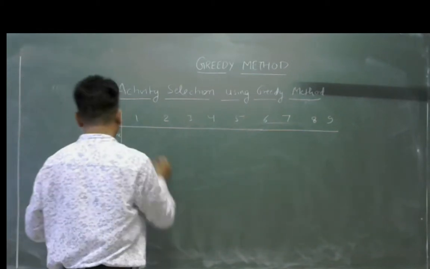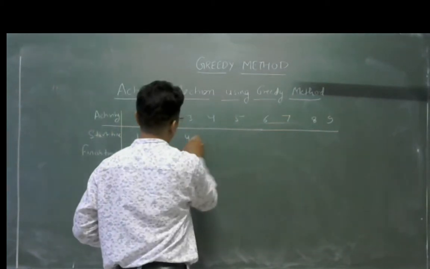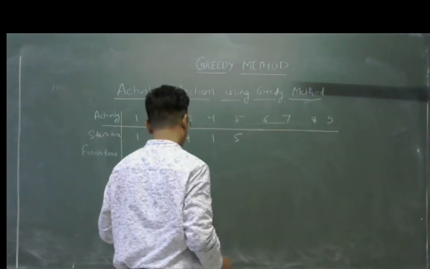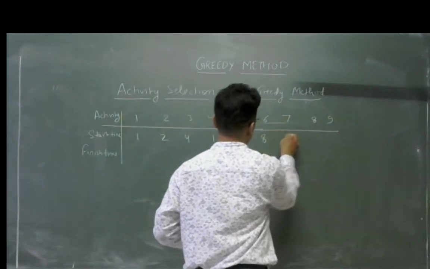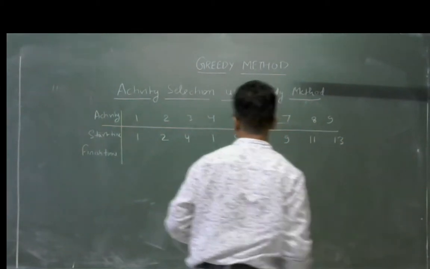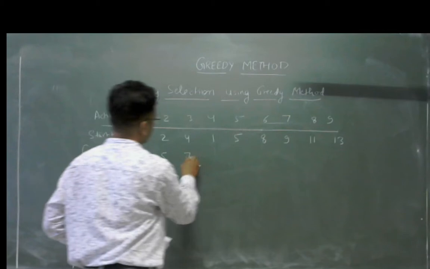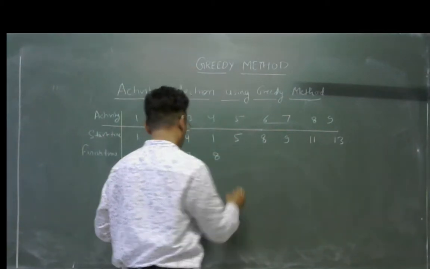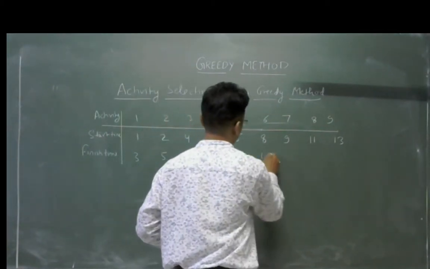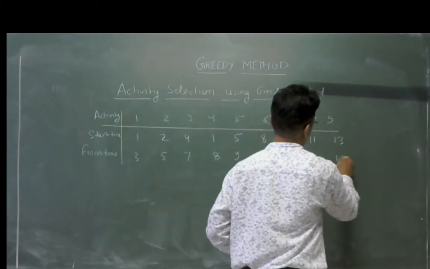The start times are like this: 1, 2, 4, 1, 5, 8, 9, 11, 13. The finish times are 5, 7, 8, 9, 10, 11, 14, 16.